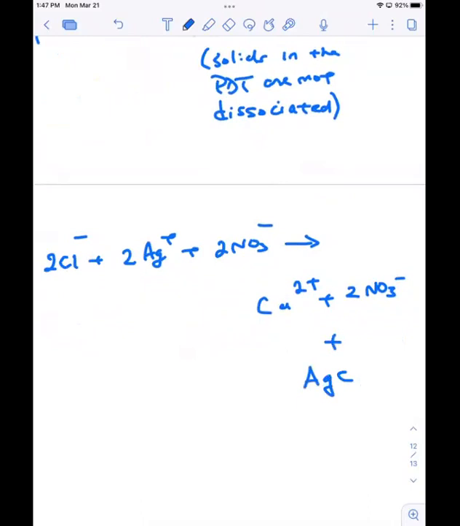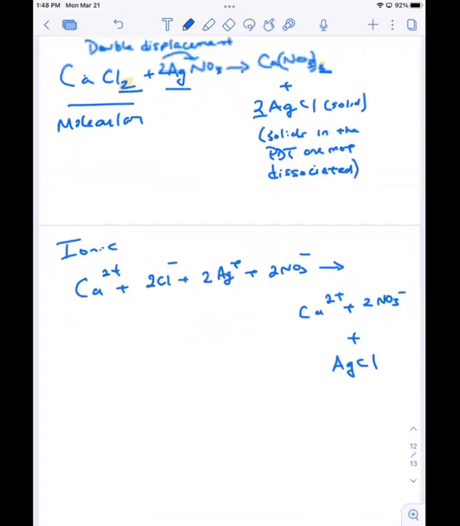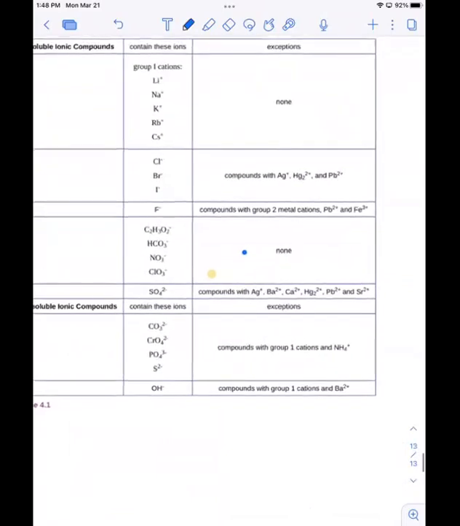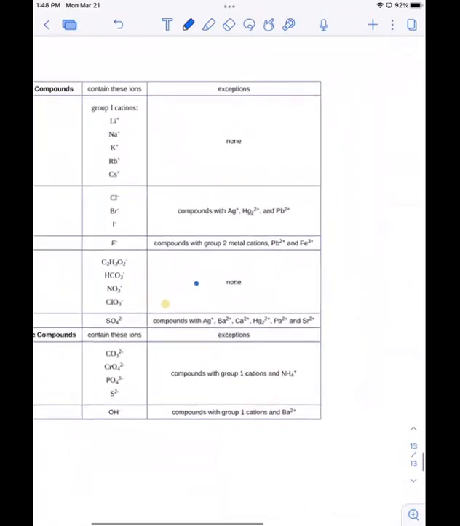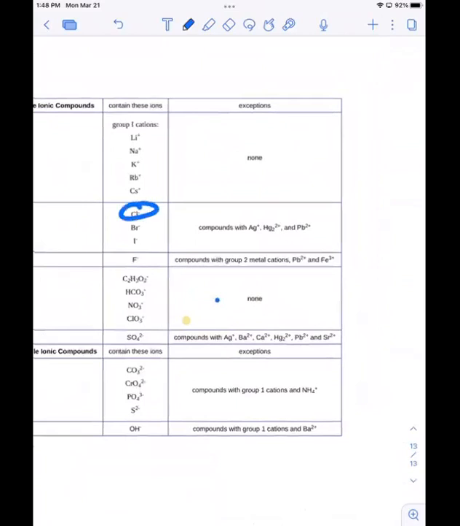The reason I know that it doesn't dissociate is because of my solubility chart, which we're going to talk more about on Wednesday. So anytime you have a chloride and it reacts with silver, it's going to precipitate. It's going to be a solid.